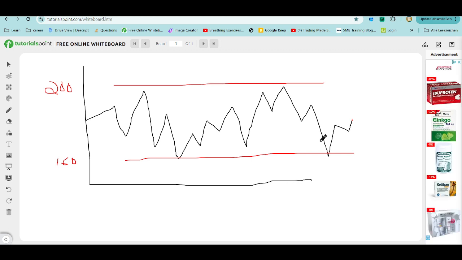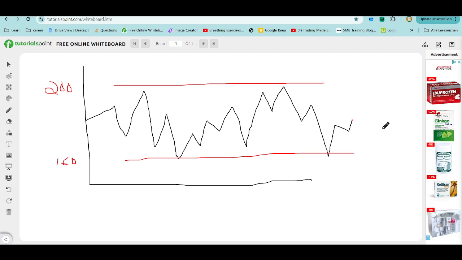Meaning here, as an option seller, your view of this Apple stock is that the price will be between these two ranges within the next, let's say, one week. So this is your view of the market.